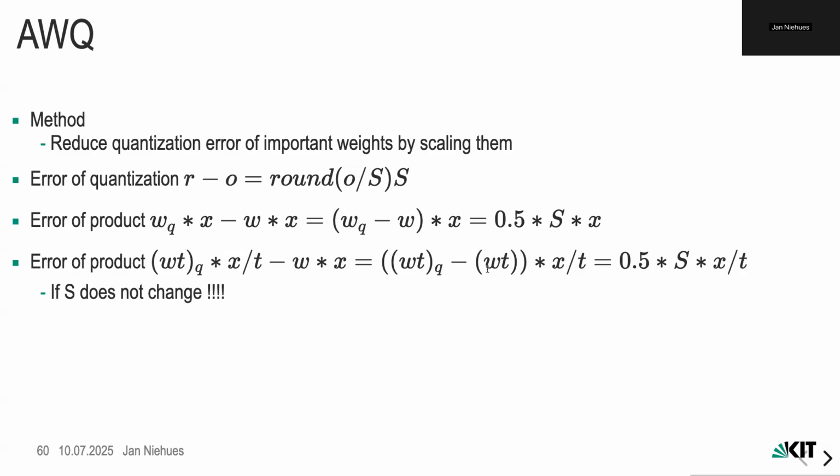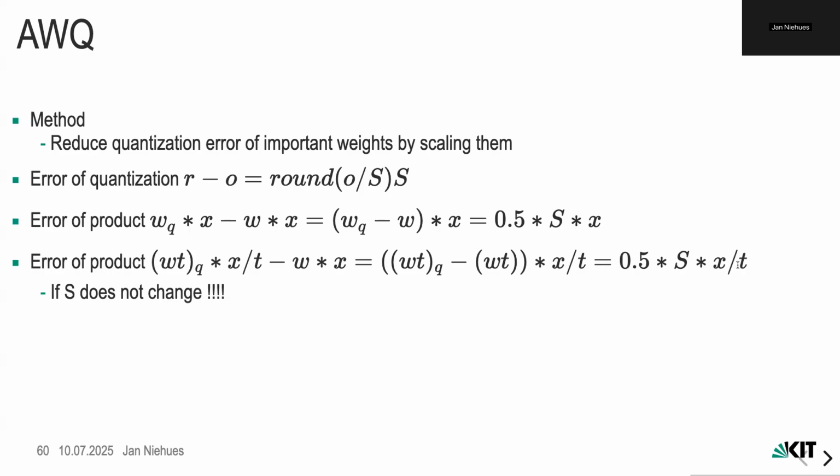If we now look at the scaling error, if we reformulate, that's the difference between wt quantized and non-quantized, times x divided by t. Because in order to have the wt here, you also have to add t here. So the overall error, again, the quantization error is 0.5 times s, but now it's times x divided by t.